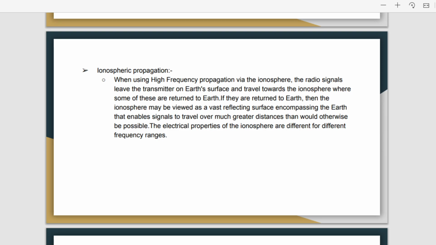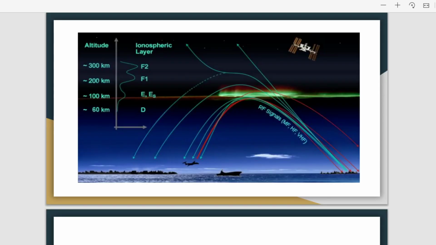If they are returned to the earth, then the ionosphere may be viewed as a vast reflecting surface enclosing the earth that enables signals to travel over larger distances. The electrical properties of the ionosphere are different for different frequency ranges. This diagram shows the loss of radio waves in unknown space and also shows the reflection of radio waves which can be received by the receiver.